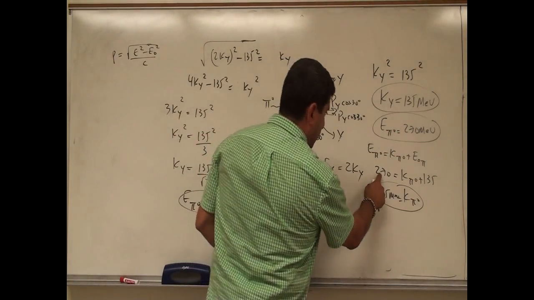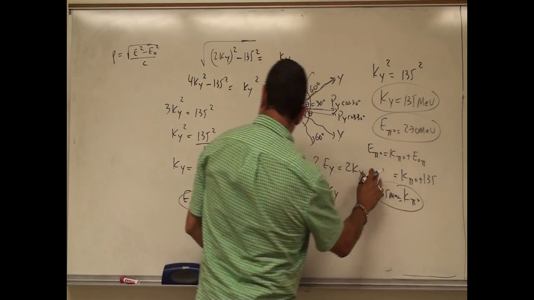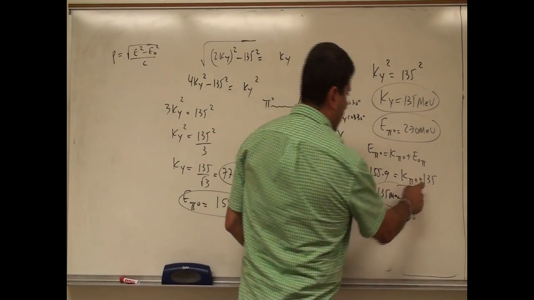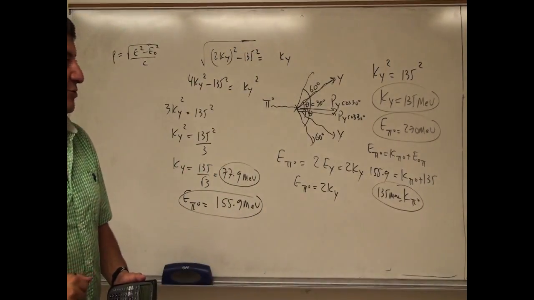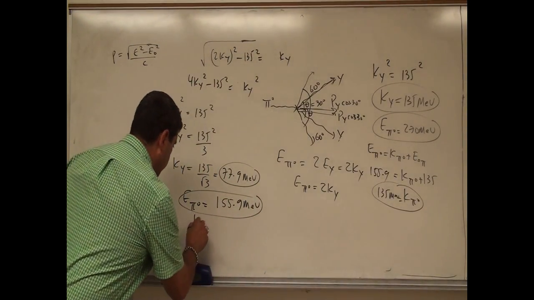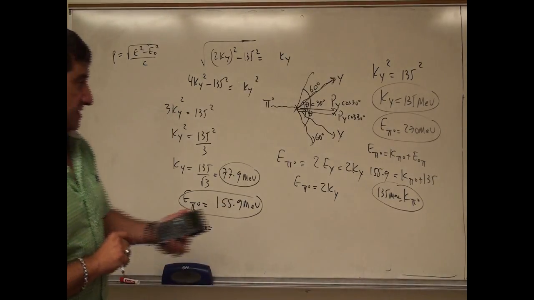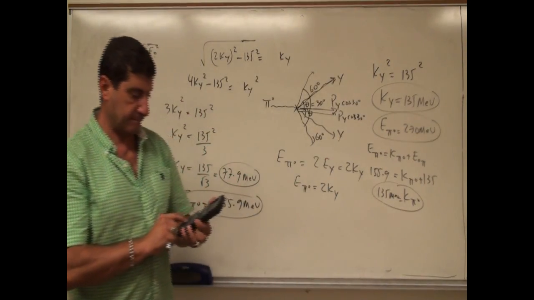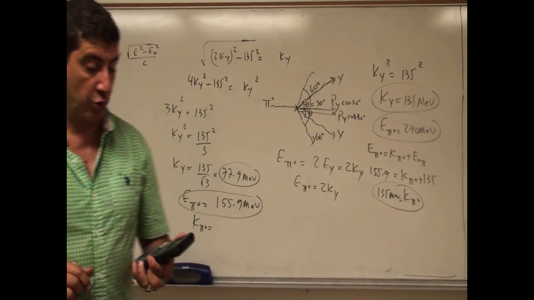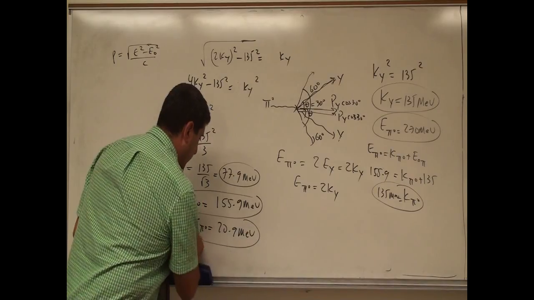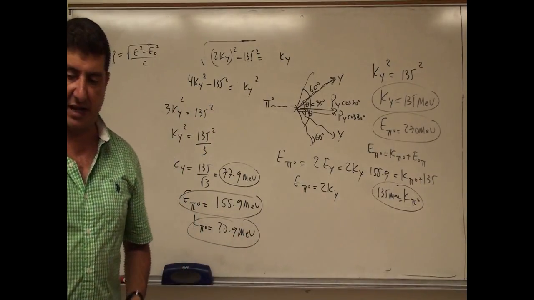So then here, instead of 270, we put here 155.9. 155.9 minus 135 gives you the kinetic energy of the pion. That gives you 20.9 mega electron volts.